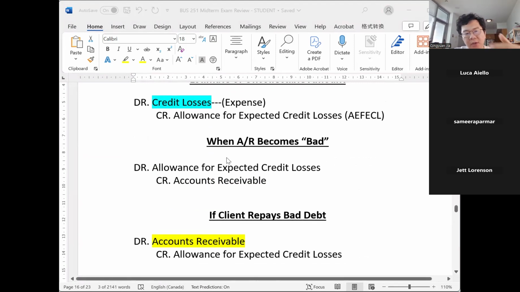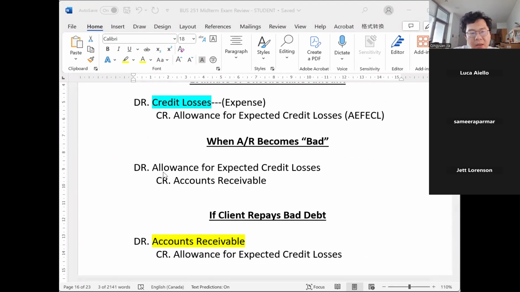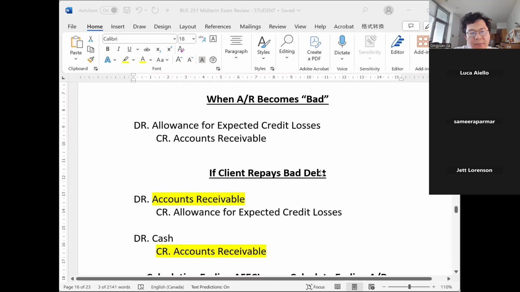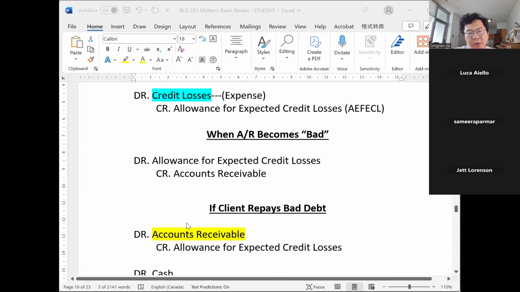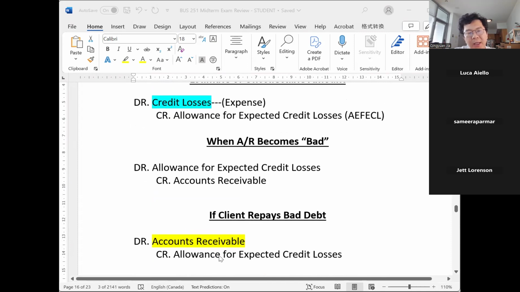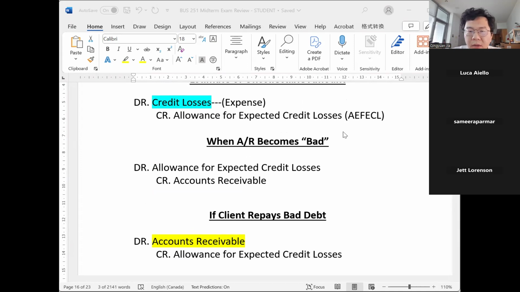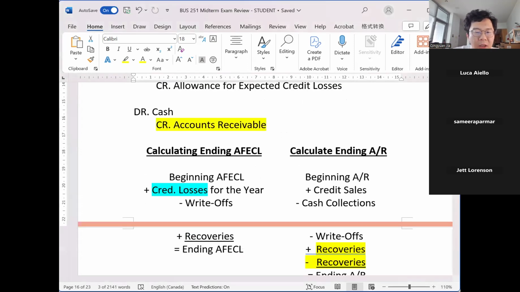So when some of the account receivable become bad and it is subtracted, this part becomes smaller, and if the clients repay bad debt, this becomes bigger again. So the ending balance could be different from the credit losses. Let's get back to the question.